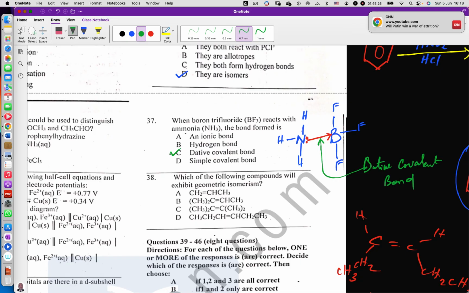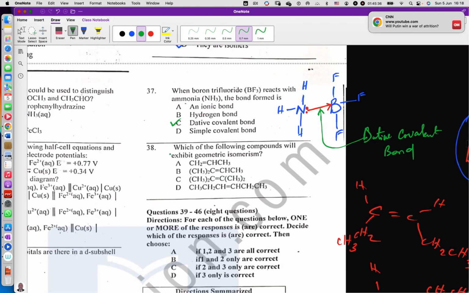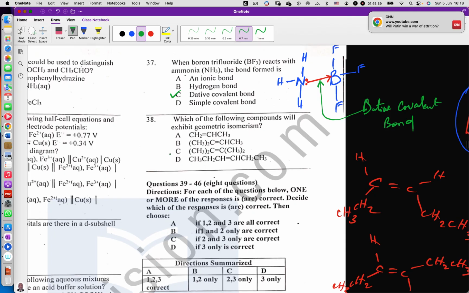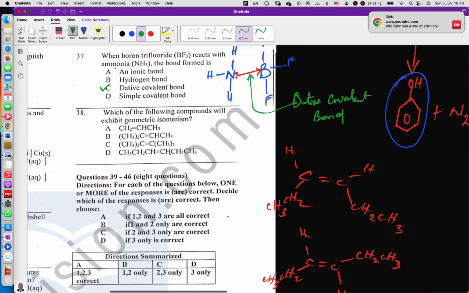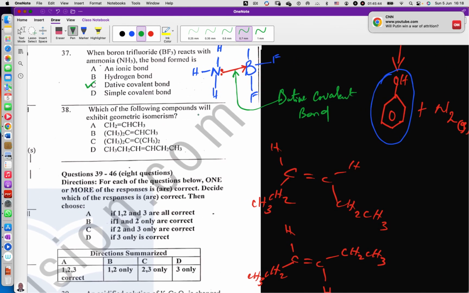Which of the following compounds will exhibit geometric isomerism? You see this compound, this one cannot show geometric isomerism because it has two hydrogens here.